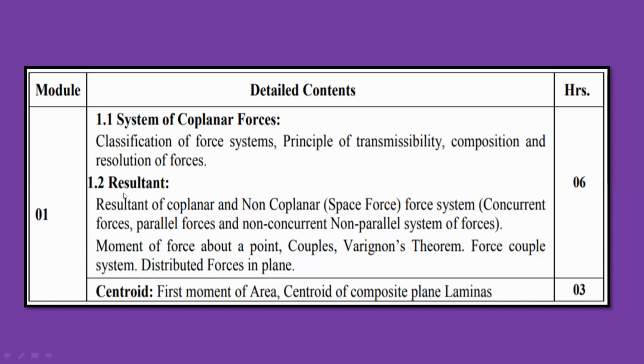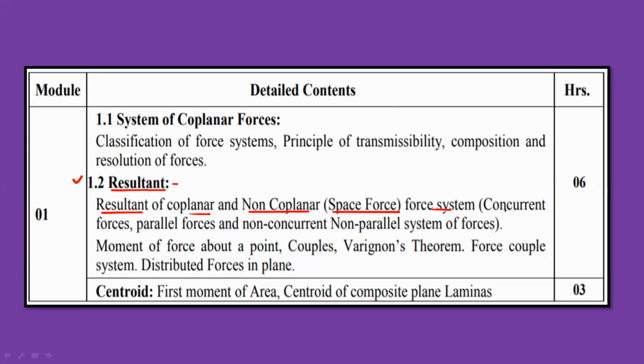So now we will start with the next point, that is section 1.2 from module 1. Section 1.2 deals with the resultant. So we will discuss resultant of coplanar and non-coplanar, that is space forces. This is the first point in the resultant.